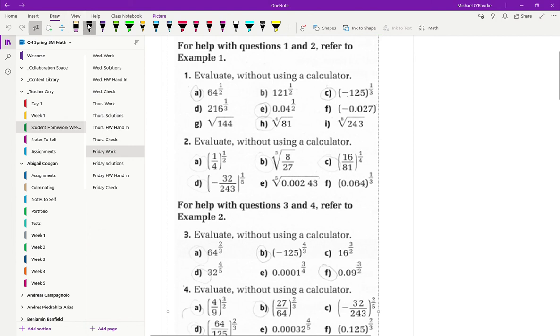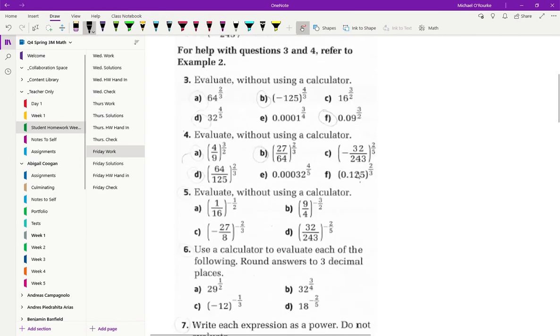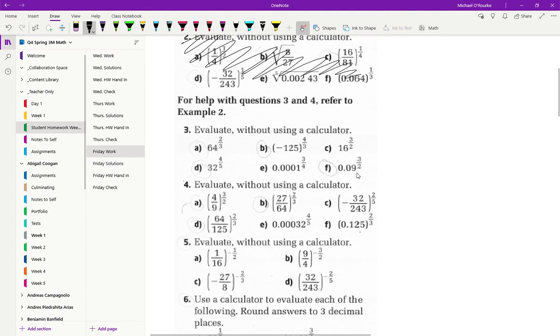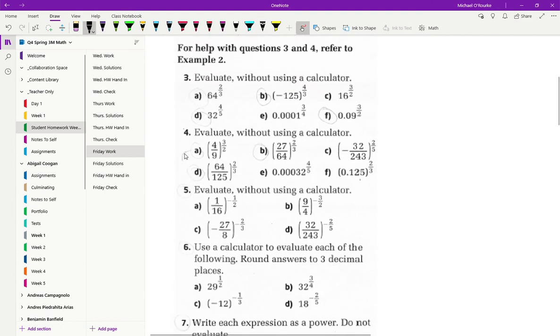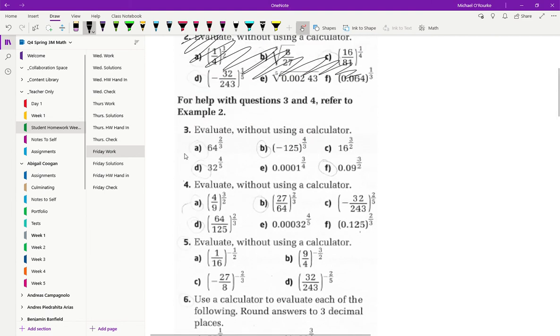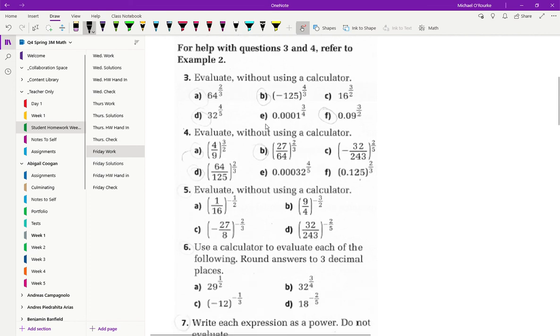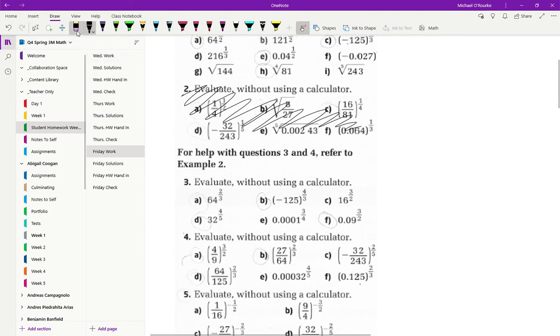Actually, I'm going to take that off. Okay. Evaluate these. Let me see here. Actually, I'm going to leave this on.